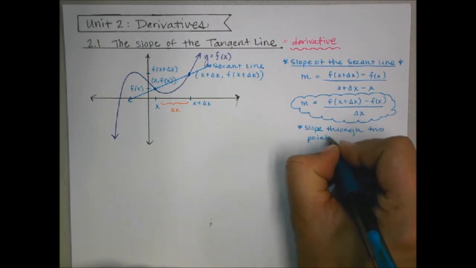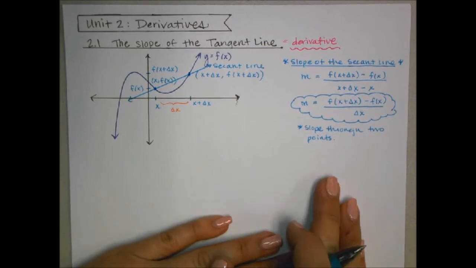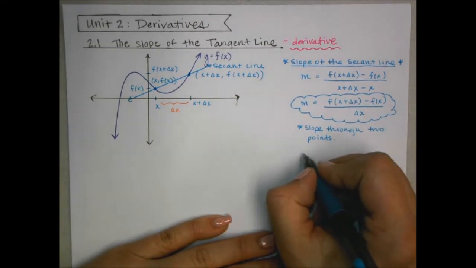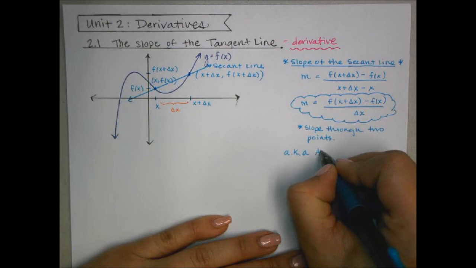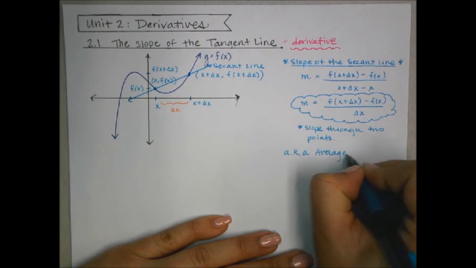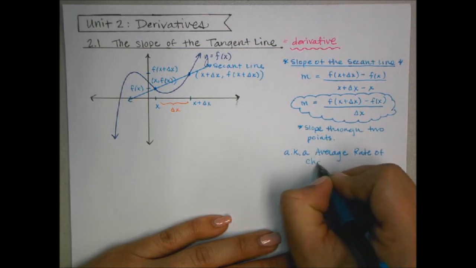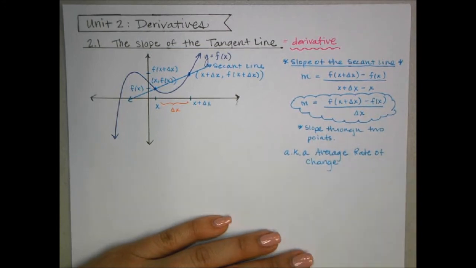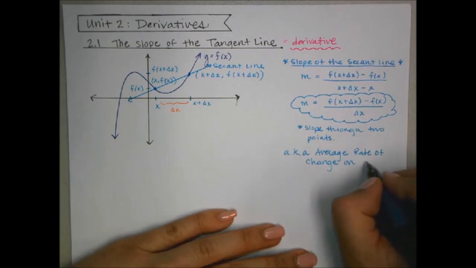We'll also use this slope through 2 points as an average rate of change. So you may have heard that this is called the average rate of change. That will come up. We talk about the average rate of change on an interval, let's say a to b.